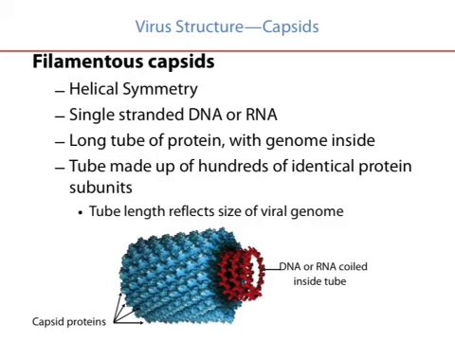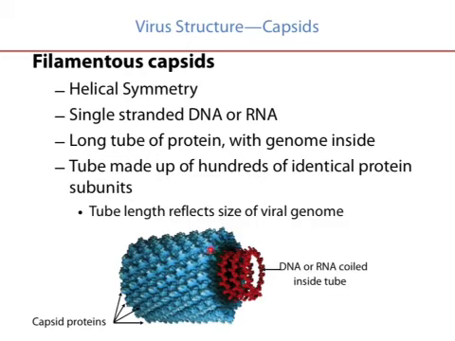Now another type of capsid that you see is the filamentous capsid, and you'll notice that this actually looks really similar to the Ebola example that I gave. And indeed, Ebola has a filamentous capsid. And the filamentous capsid has what is called helical symmetry.